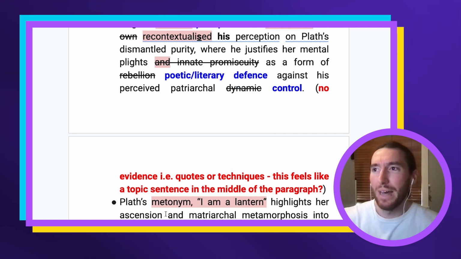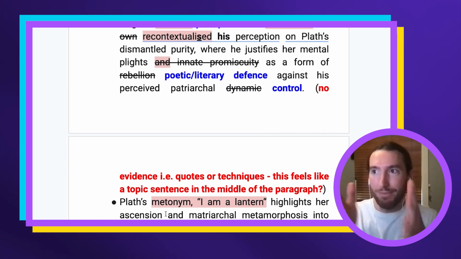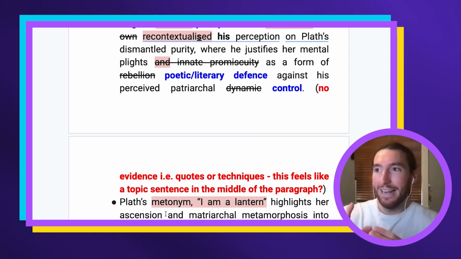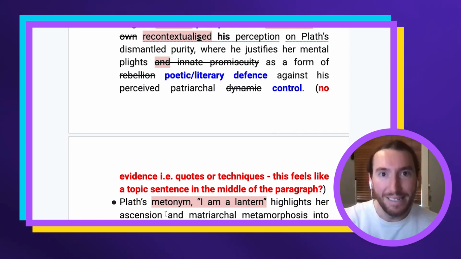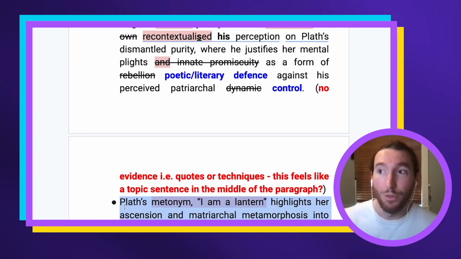I want to make sure that it doesn't feel too structured, because it's just like technique, quote, effect. It's too in your face in that form, and that can work once or twice, maybe once per paragraph, but you're not going to have as much flair if you just write with that predictable structure. Try and have a little bit more of your own voice, your own style in the way you write it, while still always having those core elements.